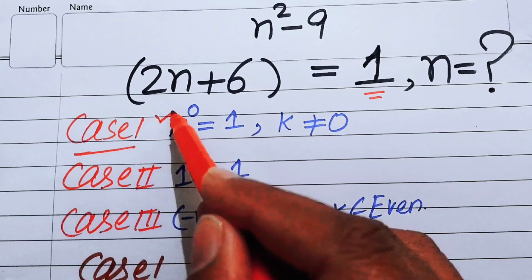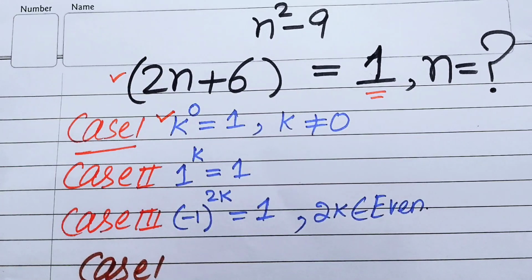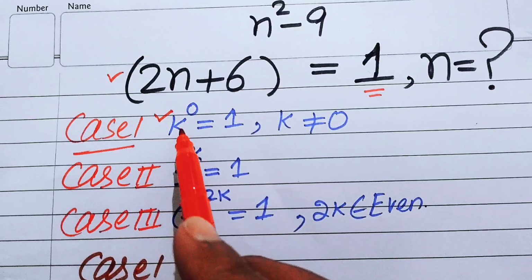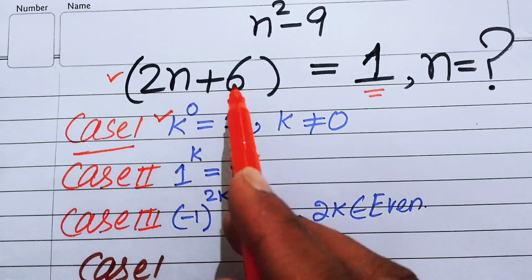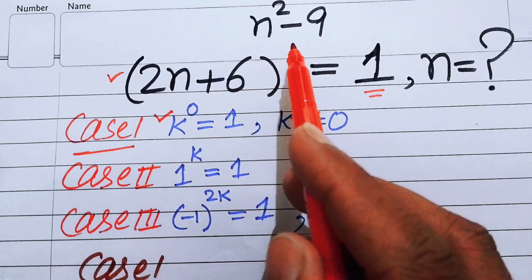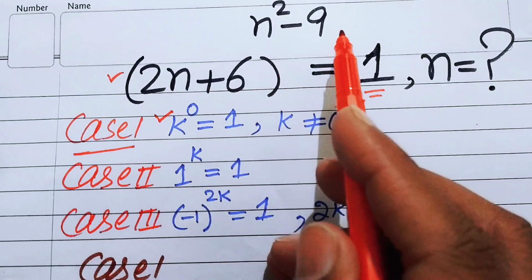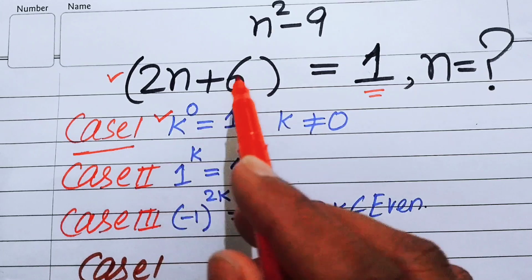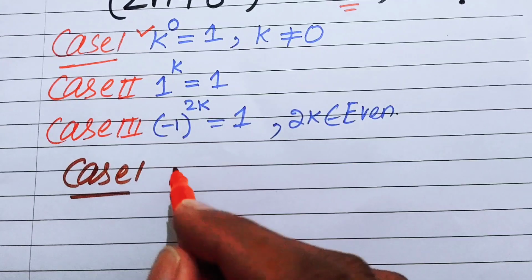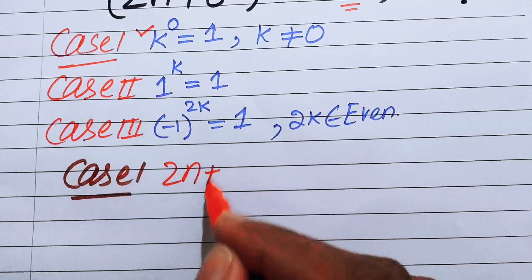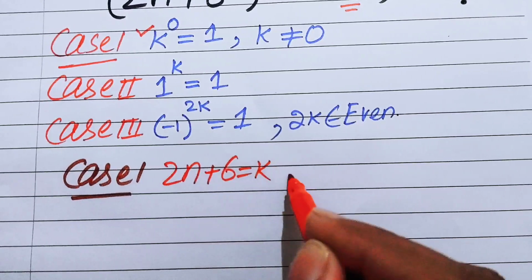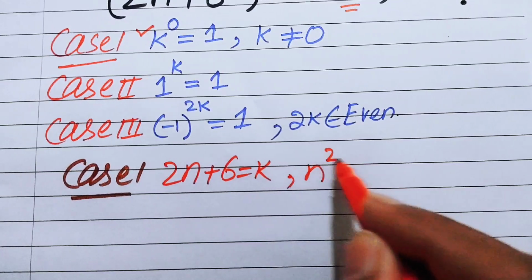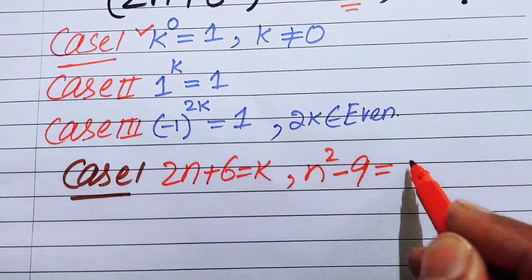So you see that we have base 2n + 6 equals k, and our exponent n² − 9 equals 0. When we compare case number 1 with the given question, it gives us 2n + 6 equals k and the exponent n² − 9 equals 0.